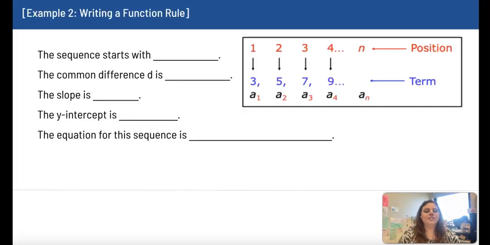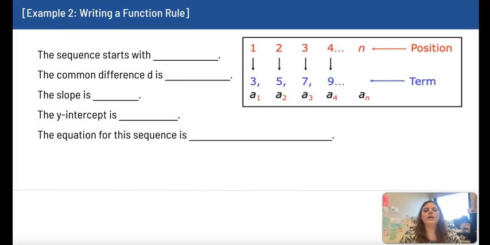In this example, we are going to look at how to write a function rule or equation from a sequence. We need to determine what the sequence starts with, what the common difference is, what the slope is, the y-intercept, and finally write our equation. Here we can see the numbers listed in red are just our position: first, second, third, fourth, and so on.